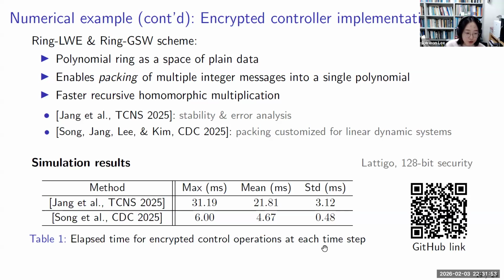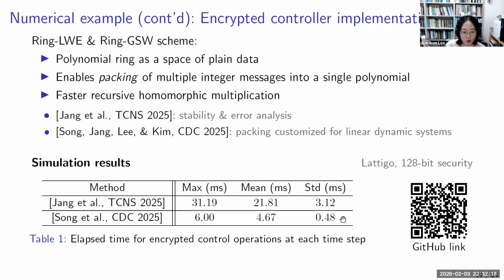So here, this table shows the elapsed time for the whole encrypted control operations at each time step. Particularly using the method of this second paper, the elapsed time was on average less than 5 milliseconds, which we think is fast enough.